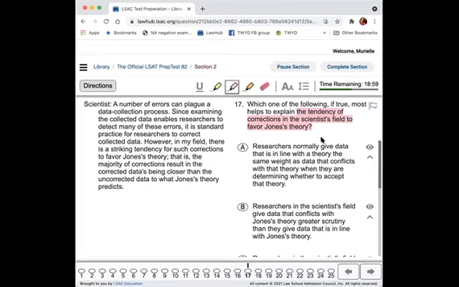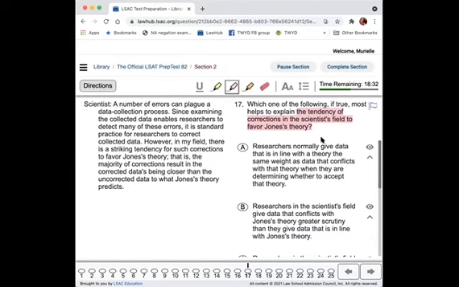But we're trying to explain why the corrections tend to favor Jones's theory, and there are multiple potential correct answers to that question. Obviously, there's only one correct answer in the answer choices that we get, but that doesn't mean that there's only one correct answer that we can pre-phrase, right?